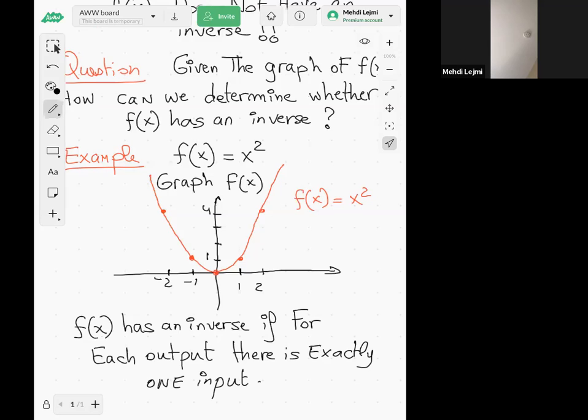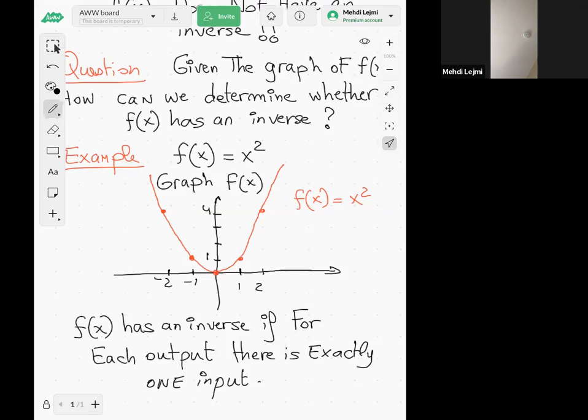Because if you interchange x and y, when you say for each output there's exactly one input, then after the change it says for each input there is exactly one output.